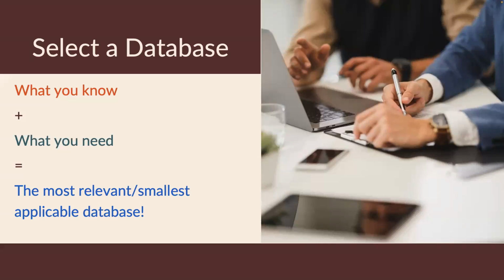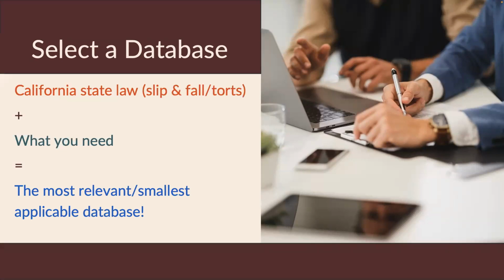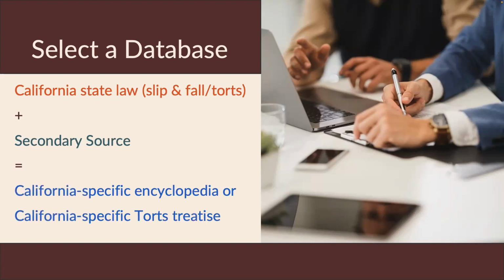To select the smallest, most relevant database, take what you know and add what you need. You know you're dealing with California state law, specifically slip and fall or torts. For the sake of this hypothetical, let's assume you're not a seasoned torts law attorney and say that you need to start with a secondary source.